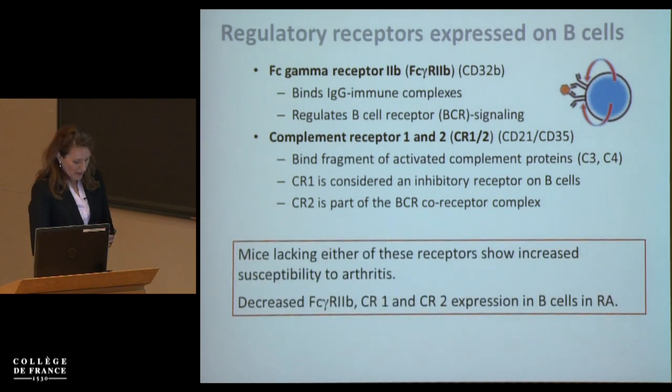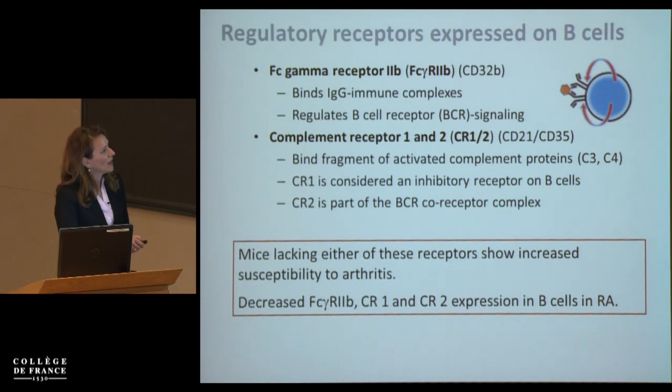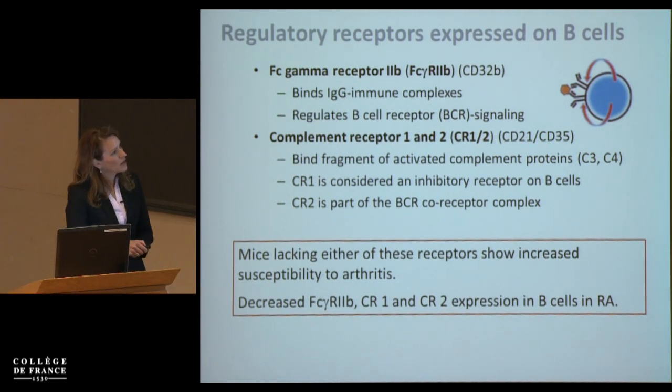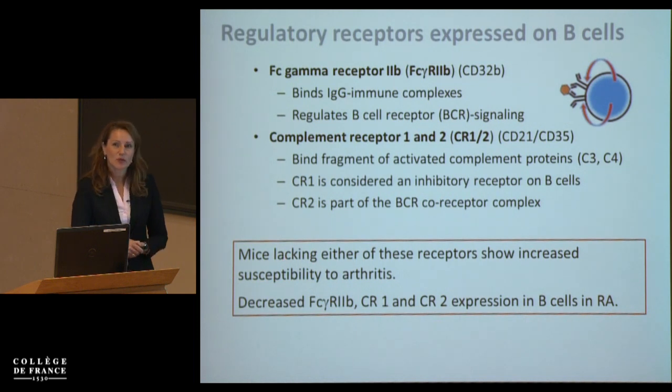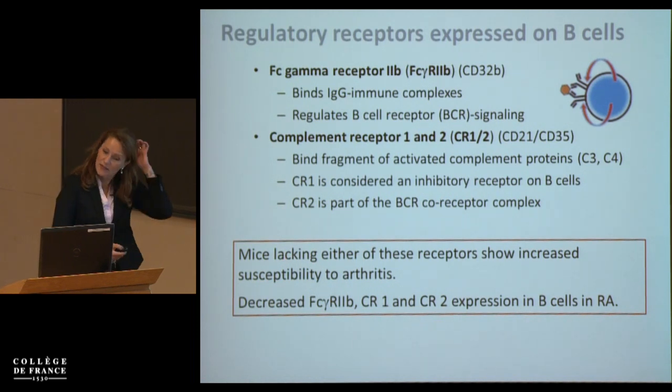So we have, in earlier studies, shown that mice that are knocked out of genes coding either the Fc gamma receptor 2b or complement receptor 1 and 2, these proteins are encoded by the same gene, but due to alternative splicing, you can get two variants of this same gene. If you use mice that lack either of these, then we see that the susceptibility to this model of arthritis is increased.